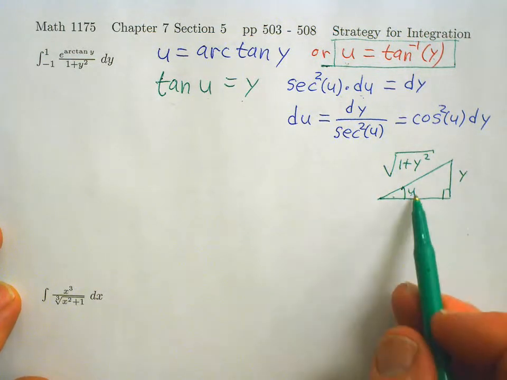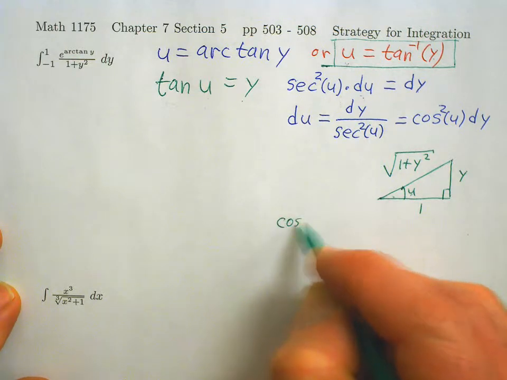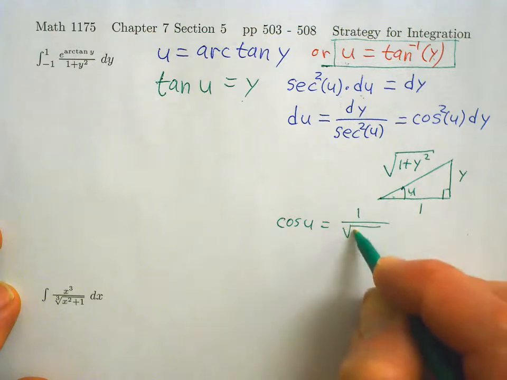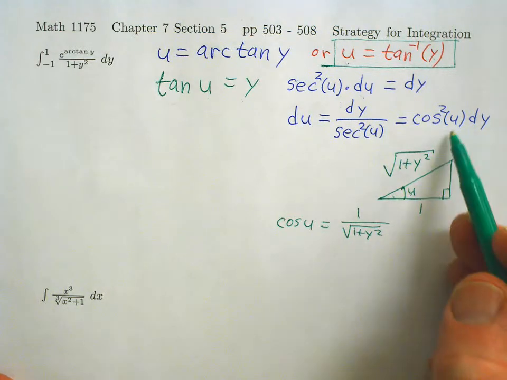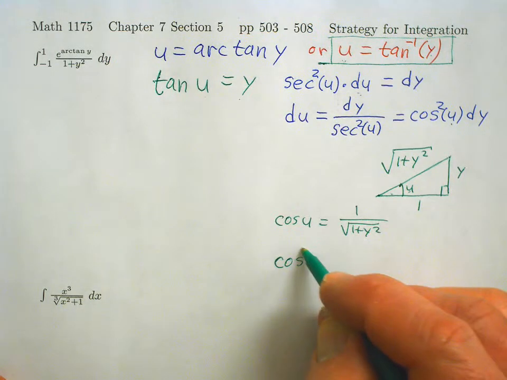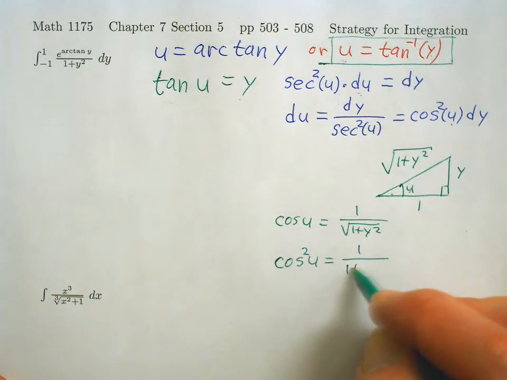And so cosine of u is 1 over the square root of 1 plus y squared. And we want to know what cosine of u squared is, so just square both sides. Cosine of u squared is 1 over 1 plus y squared.